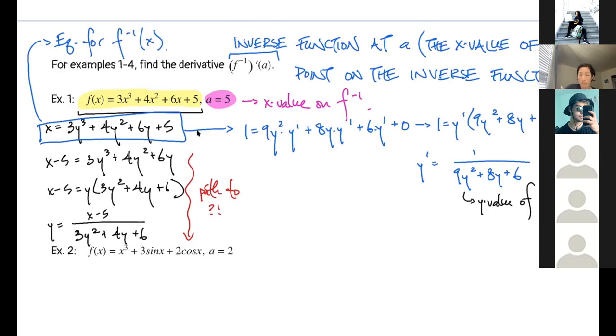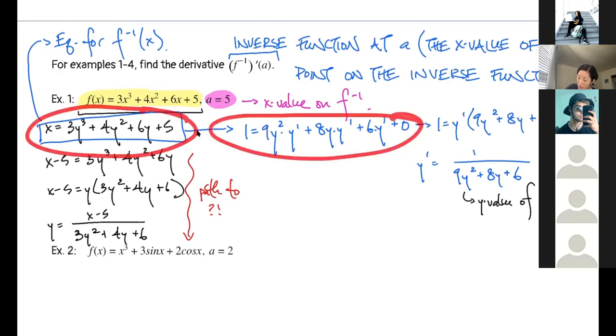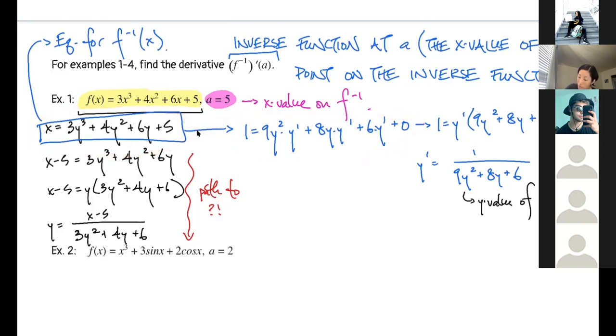Then we took the derivative of the inverse. So we found our inverse by switching x and y, we took the derivative and we isolated the y prime. So if we're talking about the inverse, then the y value we need right now is actually from the inverse. Does that make sense to folks?